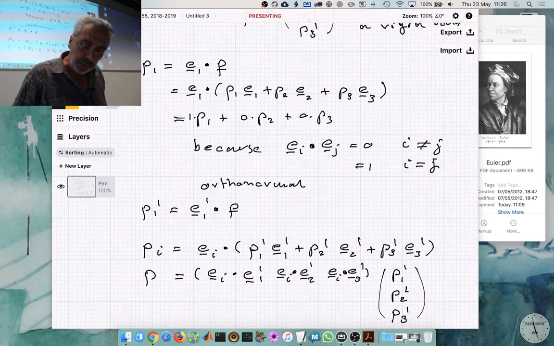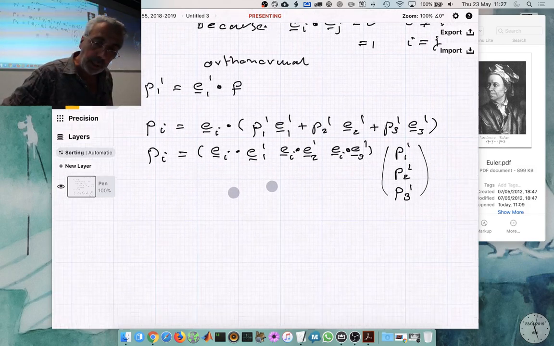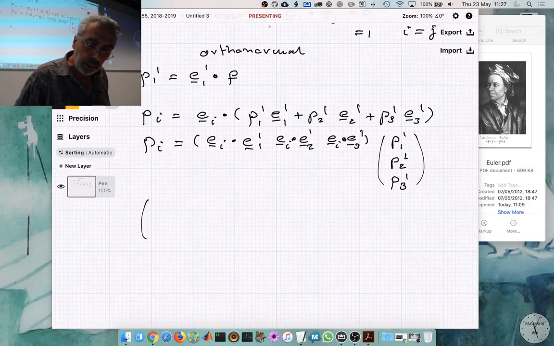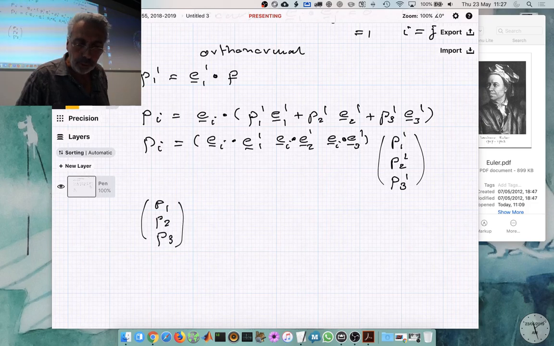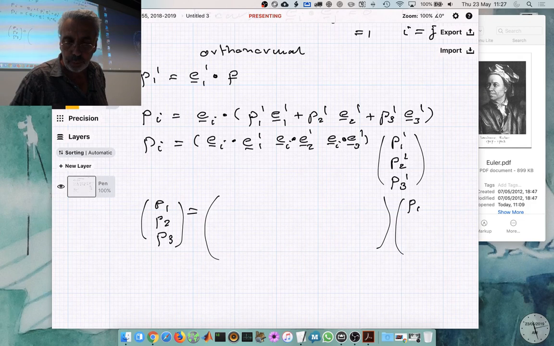And of course that is for the i, so for all three I can write that out. So finally I get my expression P1, P2, P3 equals, and then a big matrix, and then I get P1 prime, P2 prime, and P3 prime.